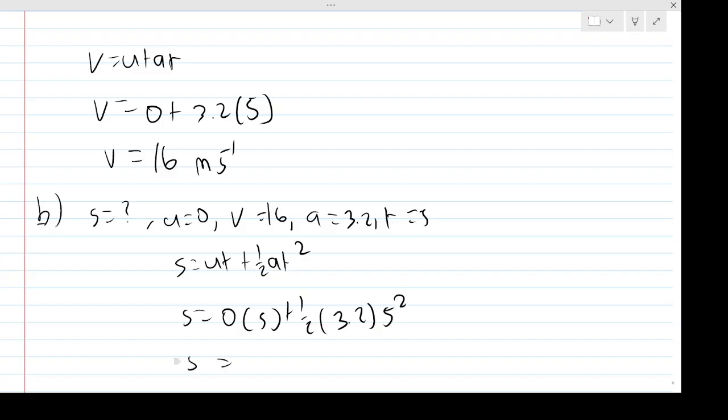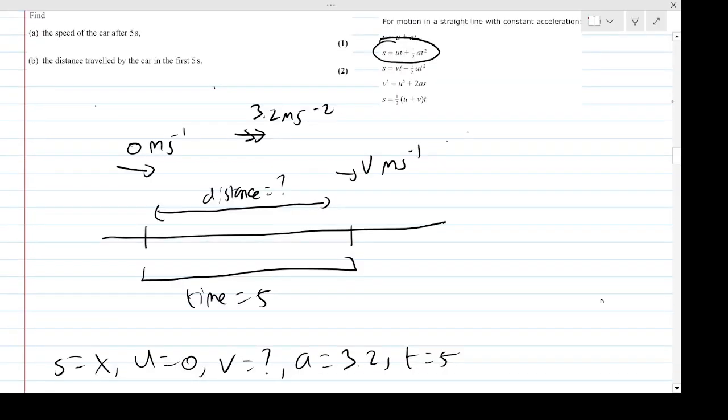If I put that in a calculator, I get 40. So that'd be 40 meters for my distance there. And so there we are.